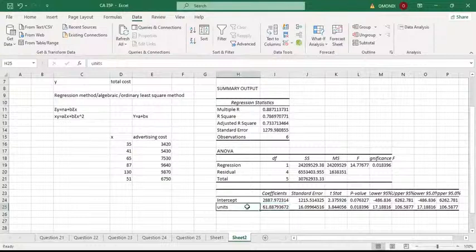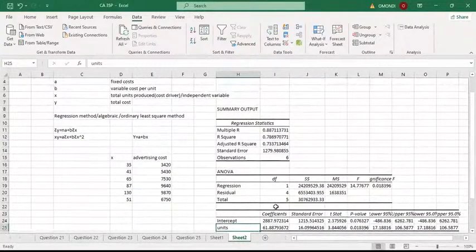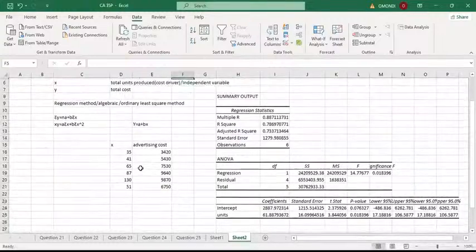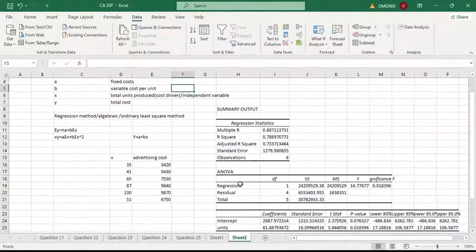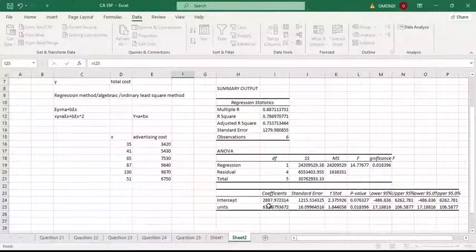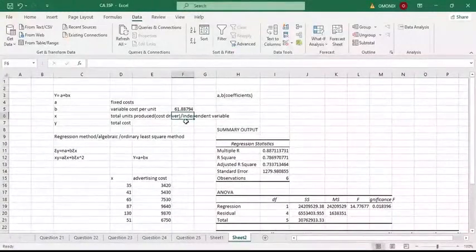So the value here for units, this one here, 61.88, is the variable cost per unit. So our variable cost per unit, the value of B, is equal to this one here. That is our variable cost per unit.